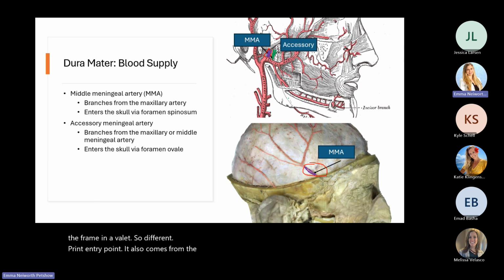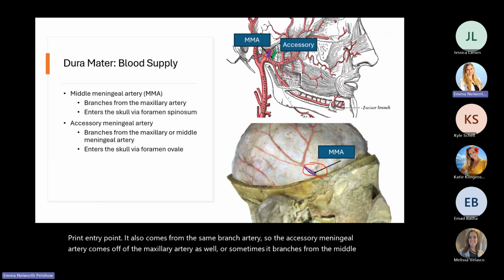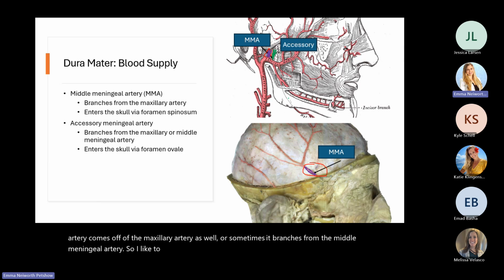The accessory meningeal artery comes off of the maxillary artery as well, or sometimes it branches from the middle meningeal artery. So I like to think of maxillary to middle meningeal to accessory, because a straight line is so much easier for me to remember. And I just remember that middle meningeal is foramen spinosum and accessory is foramen ovale.